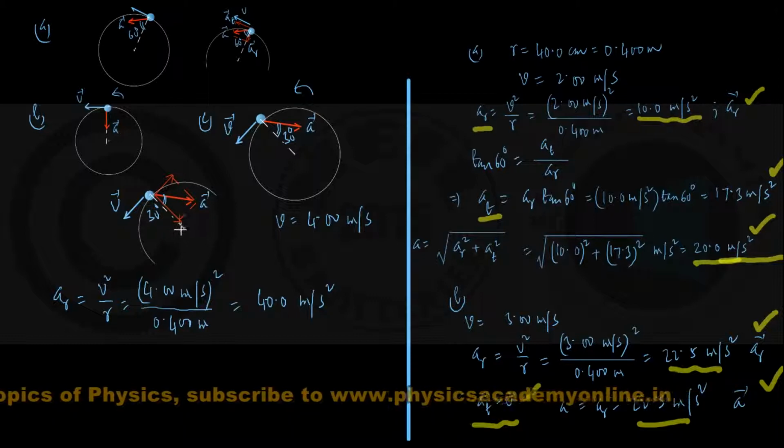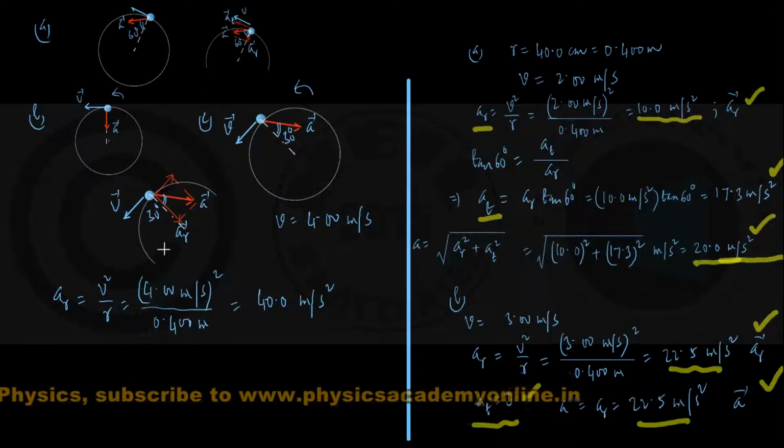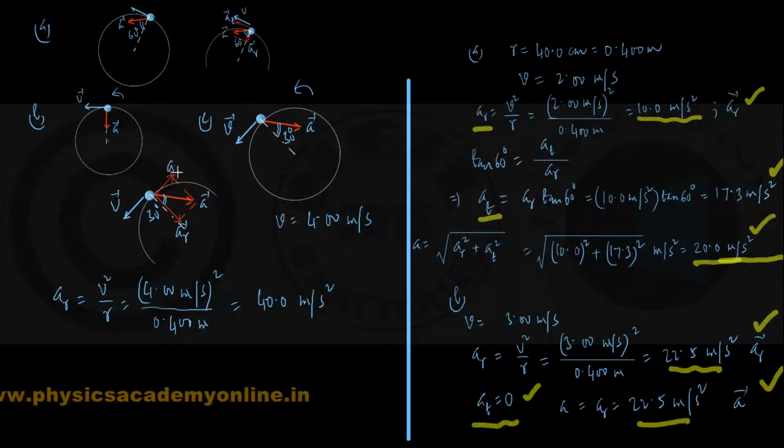This is the radial acceleration a_R, already found in magnitude. And suppose this is the tangential acceleration vector, which we call a_T. You must have noted the direction of A is such that the tangential component of A is pointing in the opposite sense to the velocity vector, where both v and a_T are along the tangent, but the sense becomes opposite.